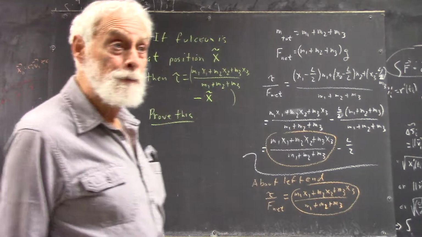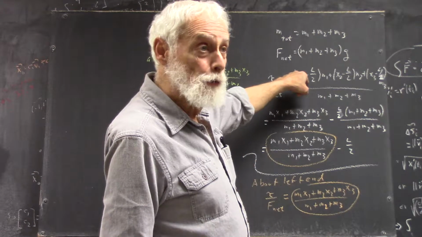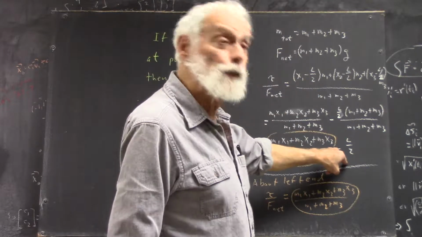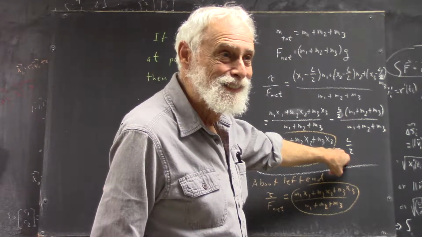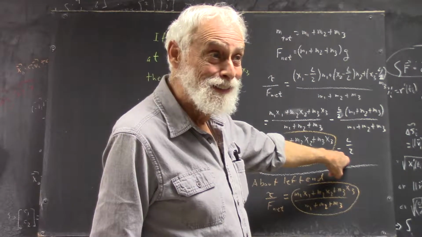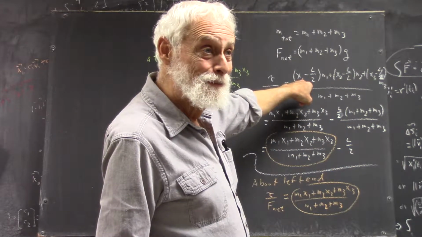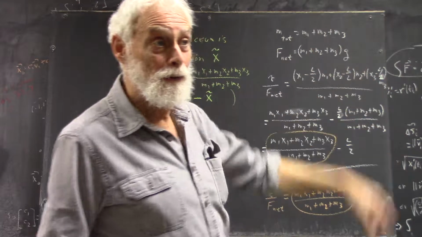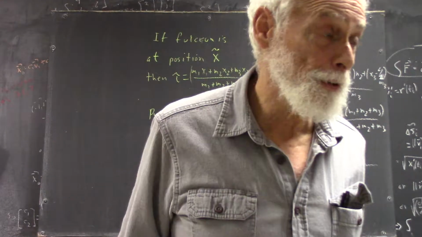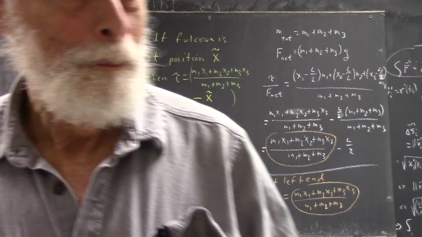It's real easy. You just replace L over 2 by x tilde, and you get x tilde. Can you see that algebraically? And did you see why you'd replace L over 2 by x tilde? Well, yeah, that's what's going to give you your R vectors if the fulcrum is at x tilde, right? Okay?